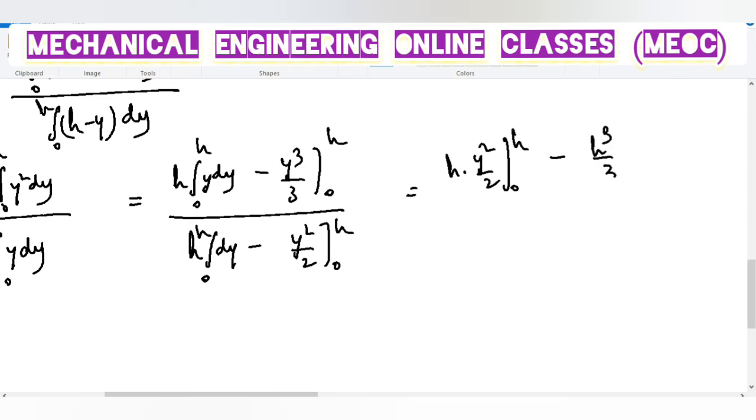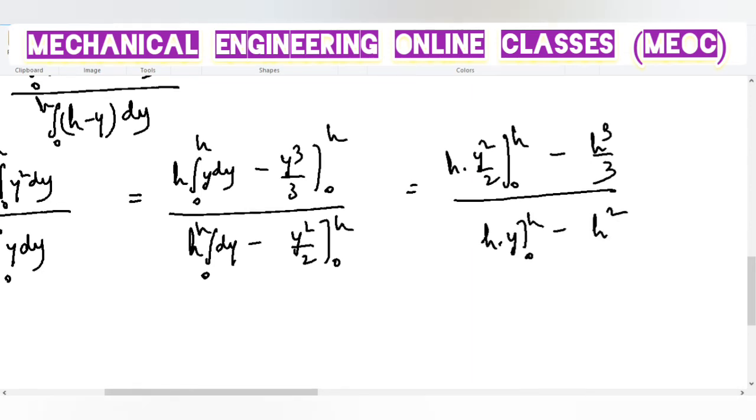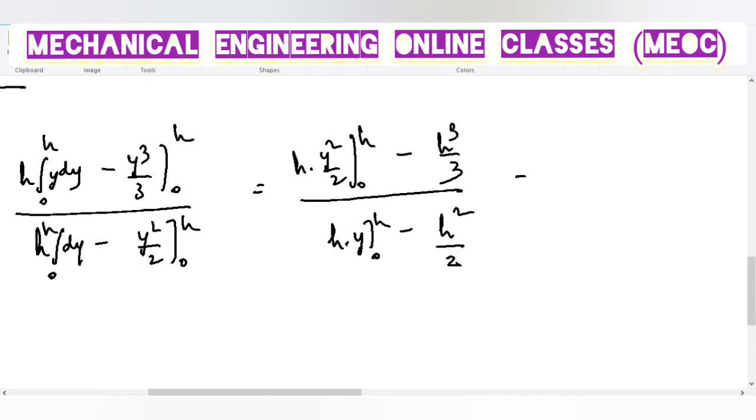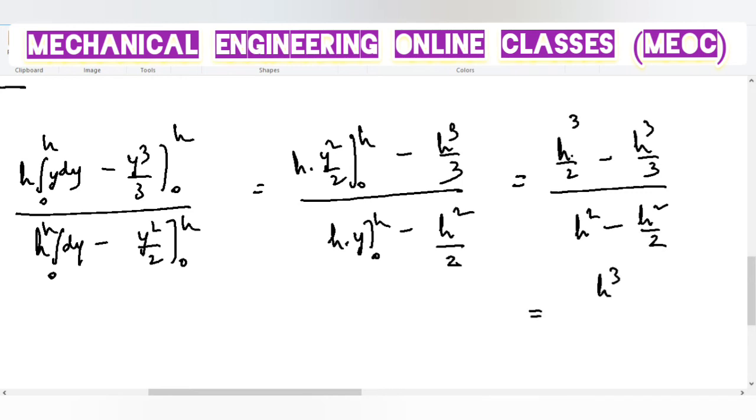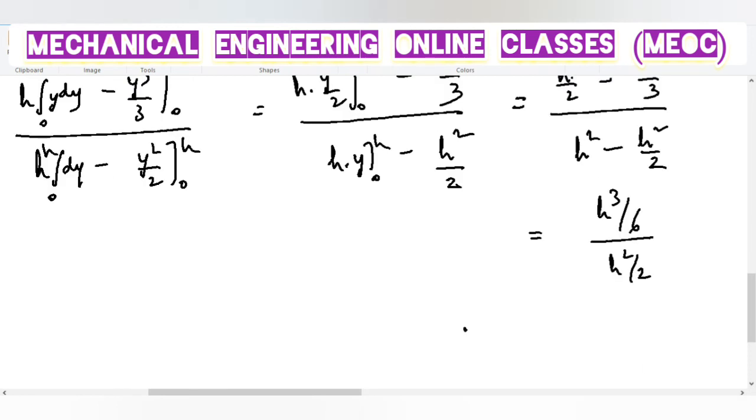This becomes h into h square by 2, that is h cube by 2, minus h cube by 3, divided by h square minus h square by 2, which is nothing but h cube by 6 divided by h square by 2. So y bar is equal to h by 3.